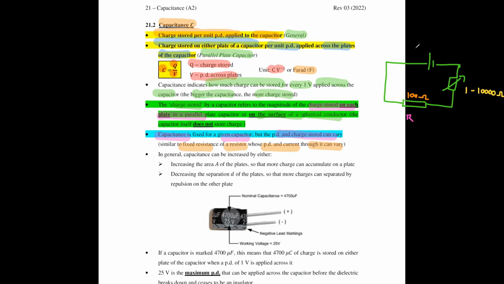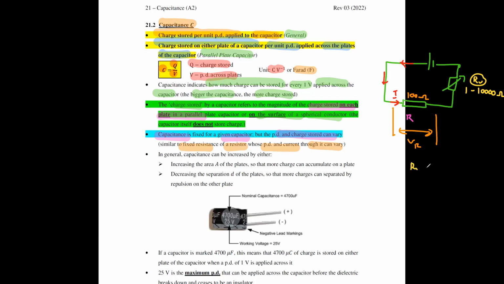Okay, so what you do know from your circuit here is that there will be a PD across this fixed resistor here, and at the same time there will also be some sort of current through this fixed resistor here.